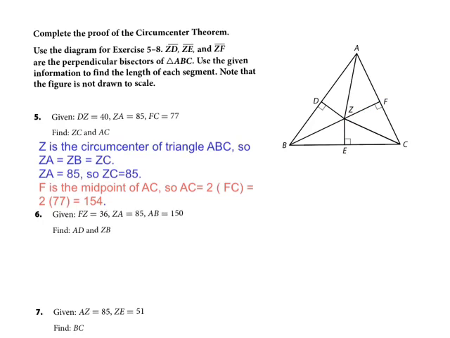By knowing that those are the perpendicular bisectors, you actually know that these two were bisected. These two here are bisected, which means they are congruent.